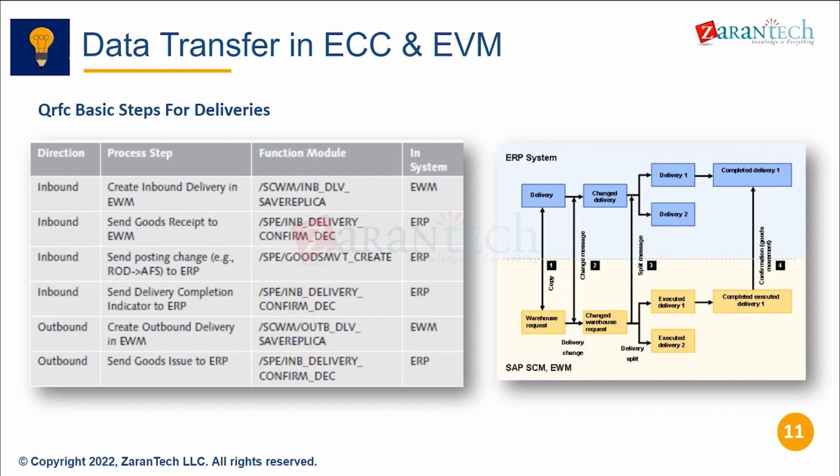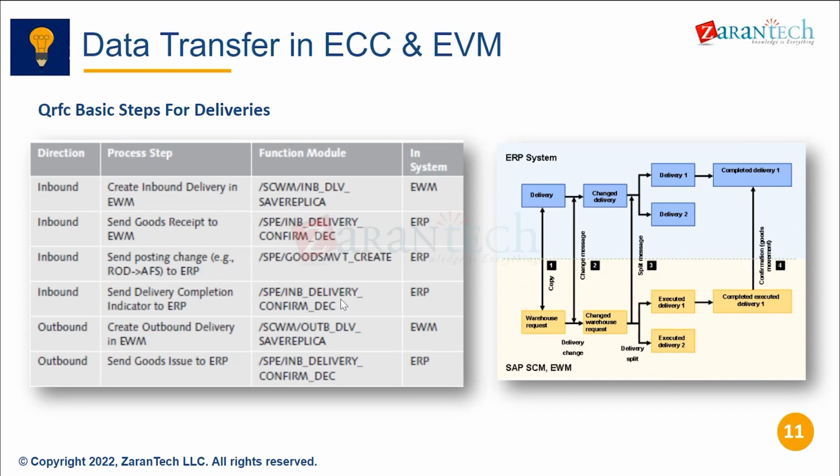So as soon as we do the GR, the posting change document will be sent to the ERP system, and that stock and quantity will be updated into the received on dock storage location. So this function module will be used for sending the MM posting change status to the ERP system.